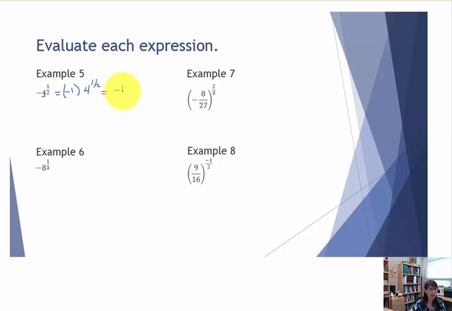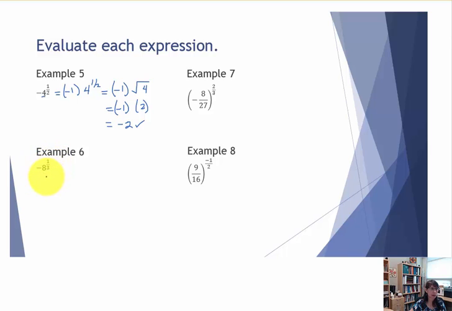That means negative 1 is going to be multiplied by 4 to the power of 1 root of 2. Remember, that's square root of 4. So we really have negative 1 multiplied by 2. Final product, negative 2.